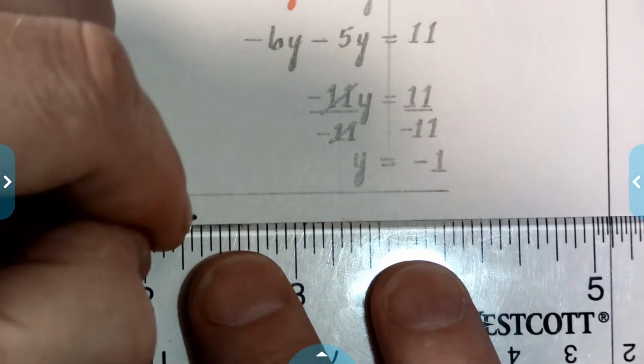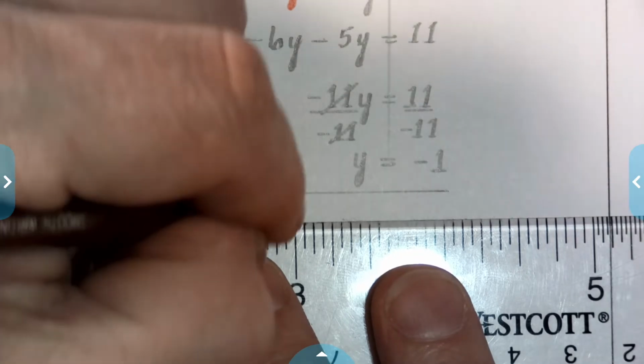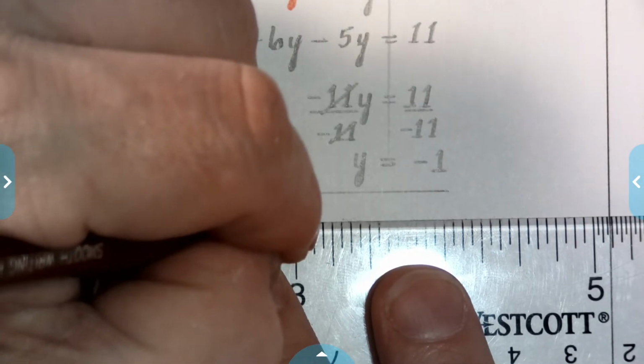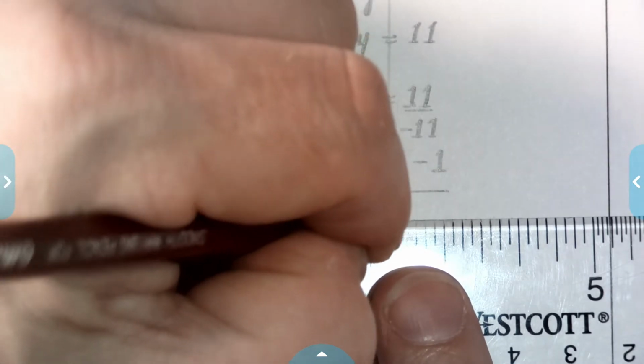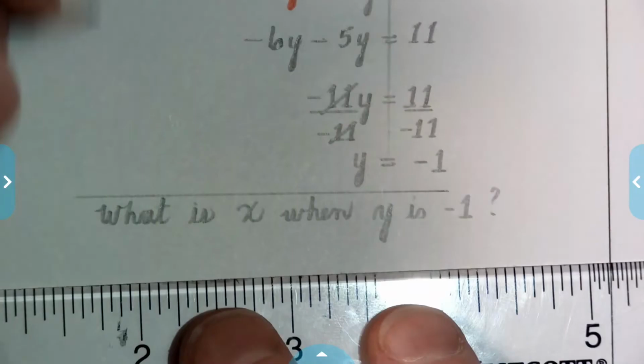I mean, I'm writing it down. What is x when y is negative 1? Question mark.